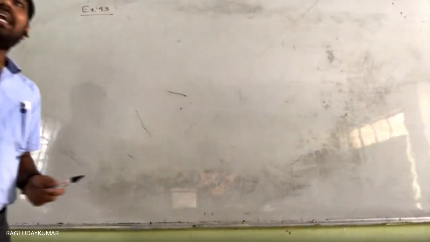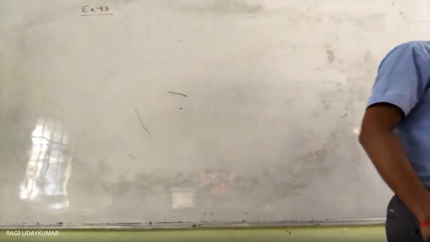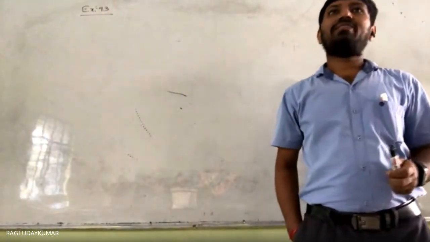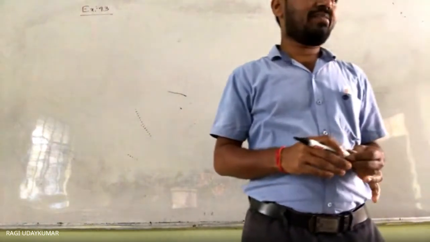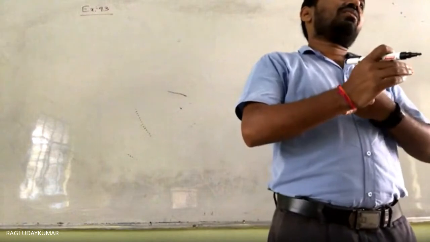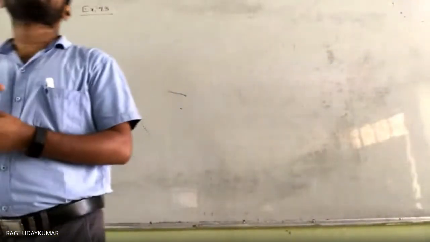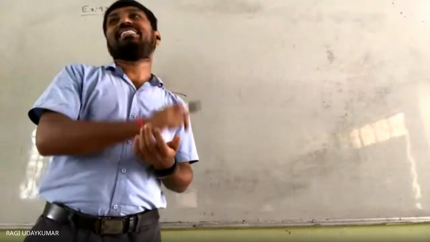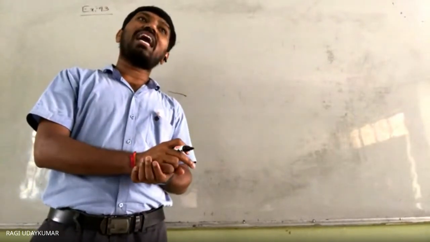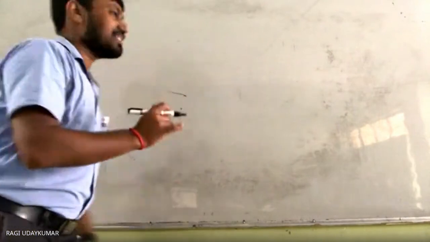If alpha and beta are the roots of the quadratic equation, then what is given here? Alpha plus beta by 2 is equal to 8. Root over alpha beta is equal to 5.